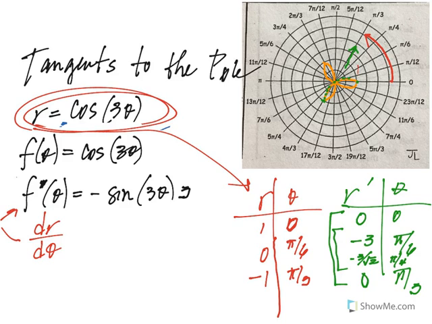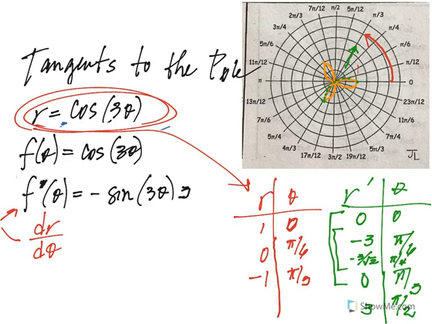So this is showing you that your r values are decreasing as your theta values increase. So dr d theta, or f prime of theta, is the rate at which r is changing with respect to theta, as opposed to rectangular slope, where you're investigating how the y's change with respect to x. Tangents to the pole investigates how r is changing with respect to theta.